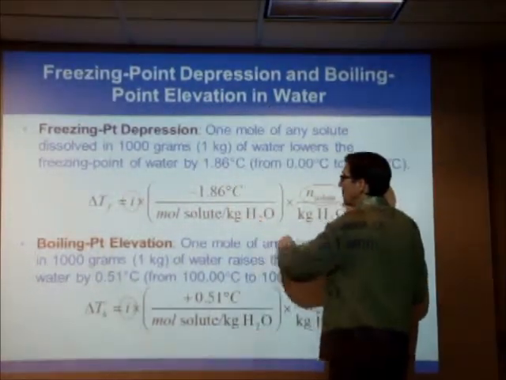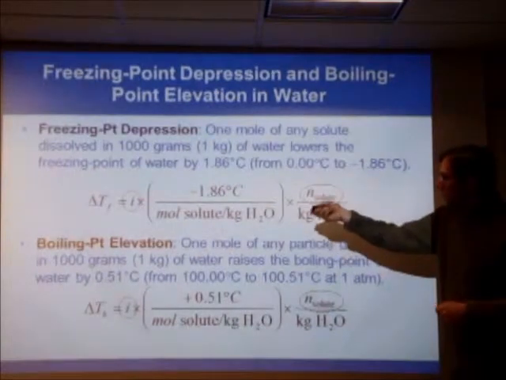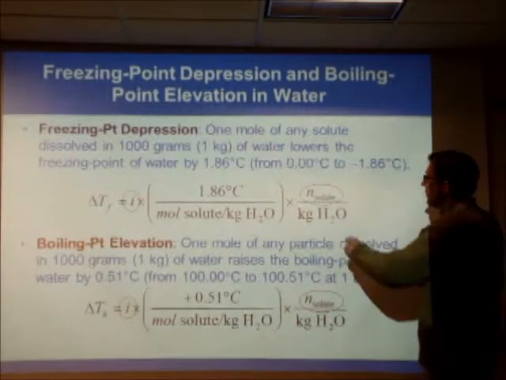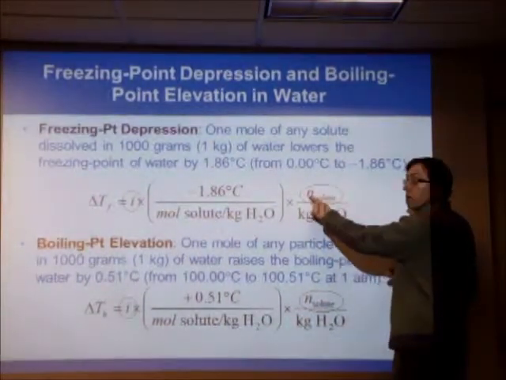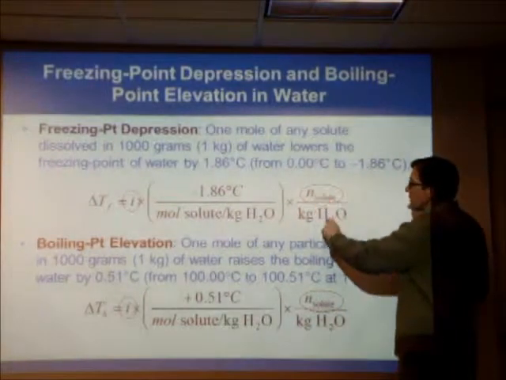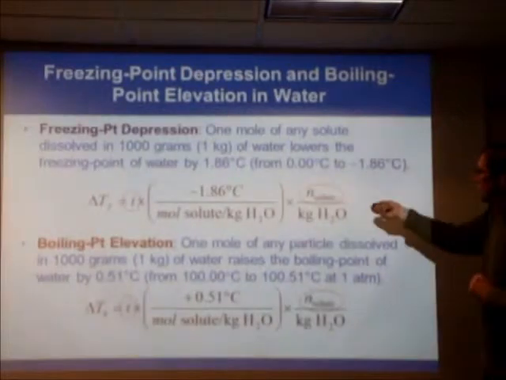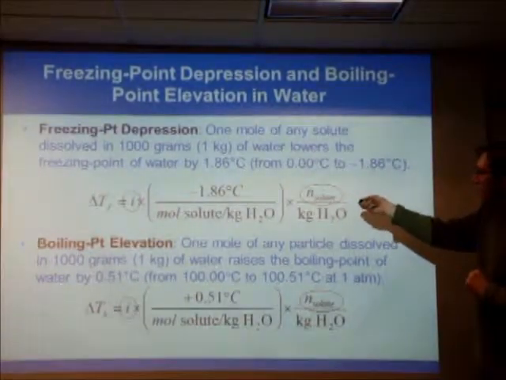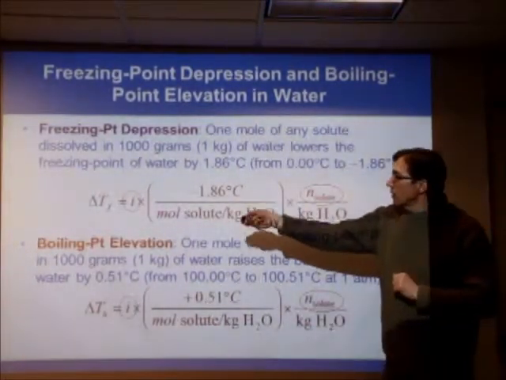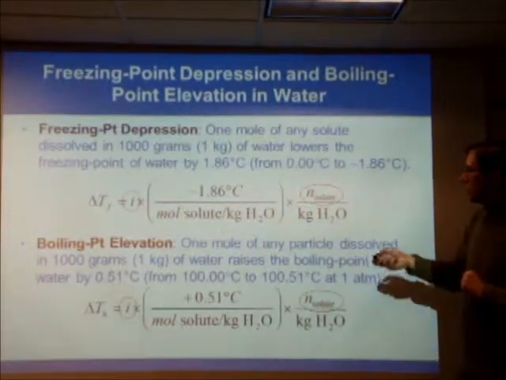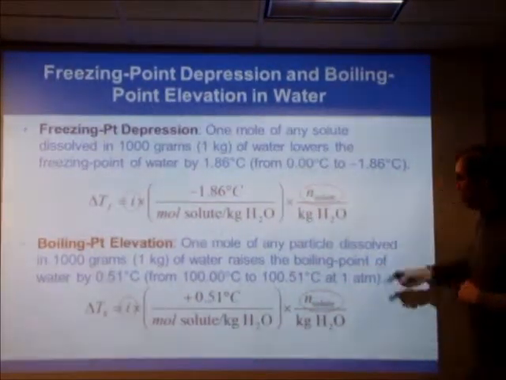The constant is in degrees Celsius per mole per kilogram of water, so it's just a unit. It's just a constant. And then this is the moles of the solute per kilogram of water. So as the molal concentration of solute increases, the freezing point decreases because of the negative sign.